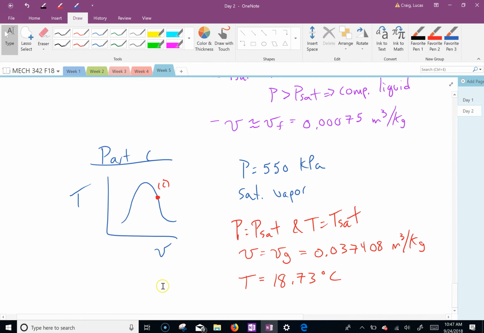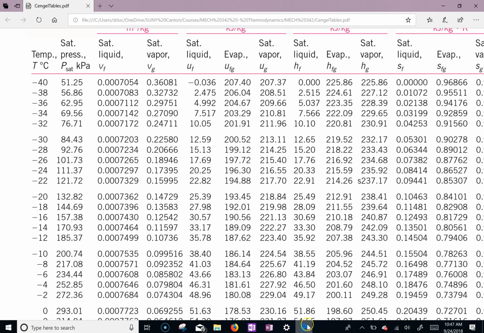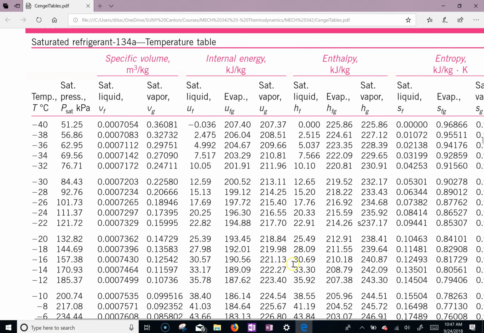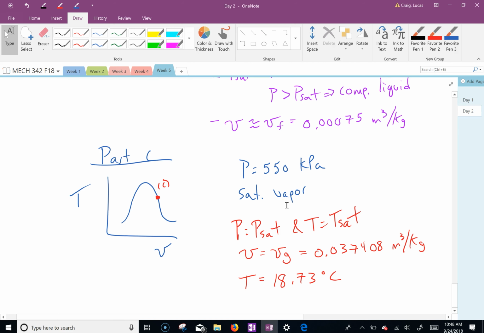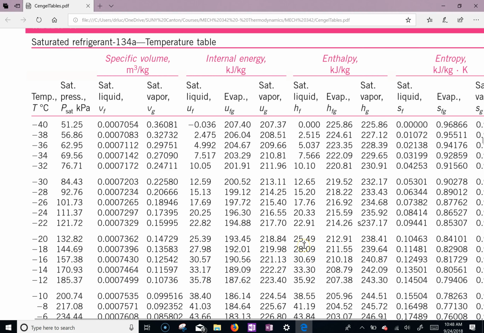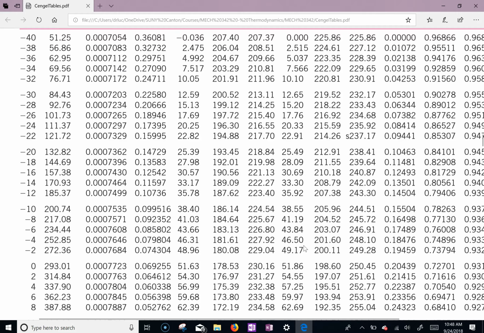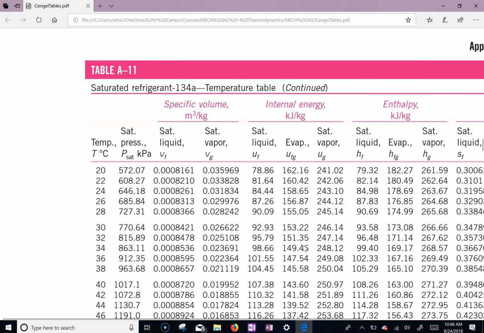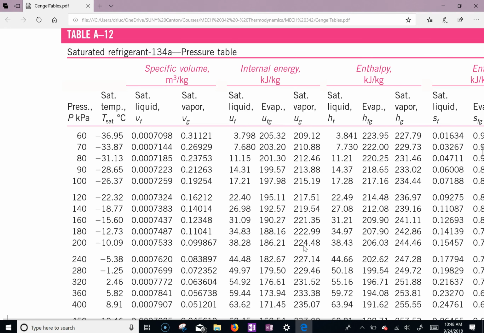So let's just go to the tables and then we'll end it here. It was 550. I didn't write this down, but you want to write it down. Use A12. Why don't we use A11? You could, but you'd have to interpolate, right? Because the pressures are given here, not the temperatures. You want the pressures on the left because that's what's given, which is the next section here, A12.